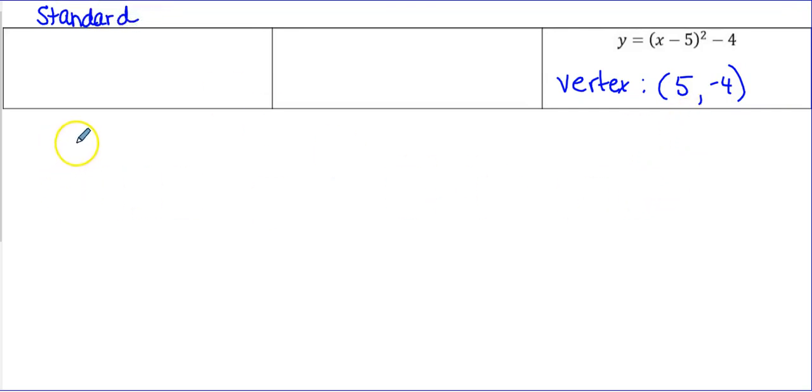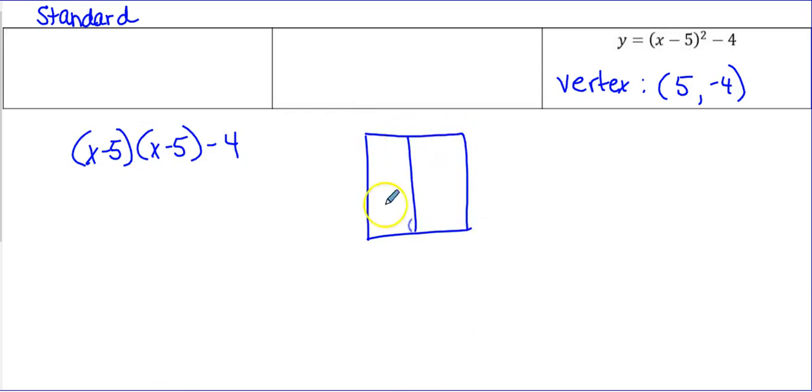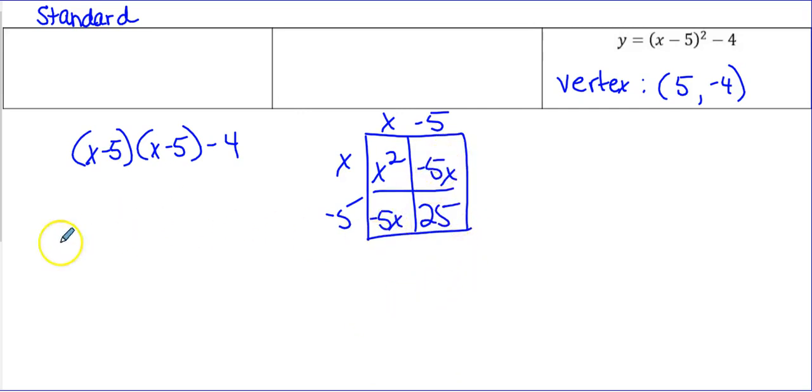So what I need to do is x minus 5. X minus 5 squared is just x minus 5 times itself. Minus 4. Okay, so if I were to put this in box method, x minus 5, that's x squared, -5x, -5x, and 25. So that's -10x when I add those two together.